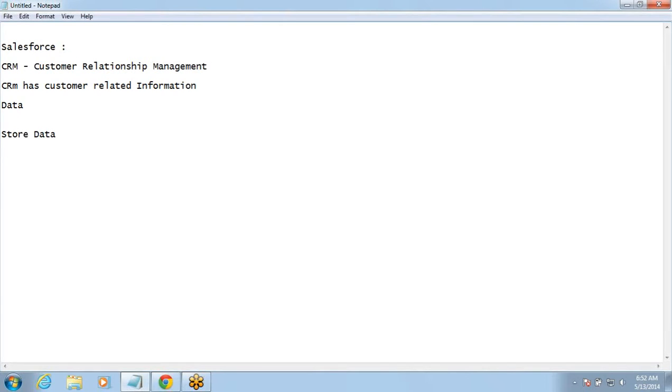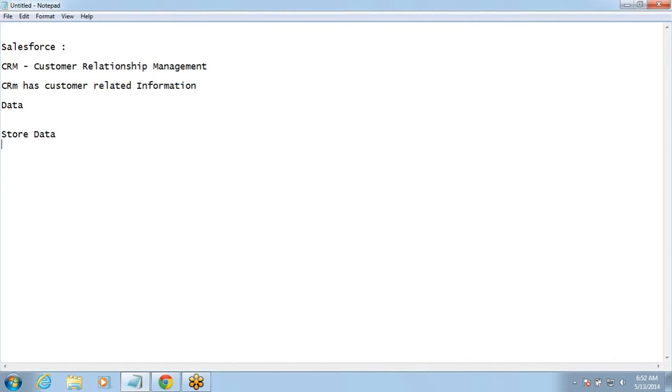Okay, that is the first requirement. But if storing data is the only requirement or only expectation out of a CRM, then you can create a CRM out of a hard disk also. But that does not happen, right? So a hard disk cannot be treated as a CRM. So data storage is just one small thing that you need from a CRM.